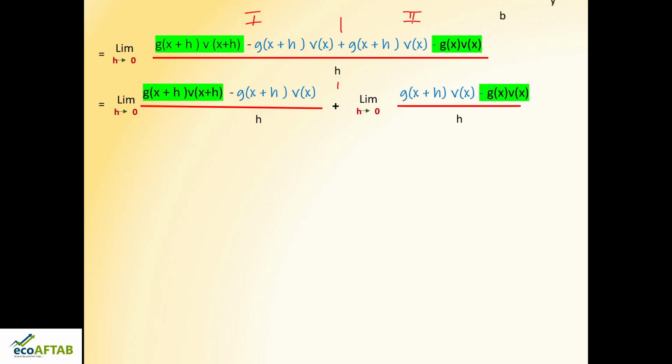Now, the next step is factorizing. So, what I am going to do here is take out this g of x plus h. When I take it out, that is what is called factorizing. So, it will be something like limit h tends to 0 of g of x plus h, and what remains inside is v of x plus h minus v of x upon h.